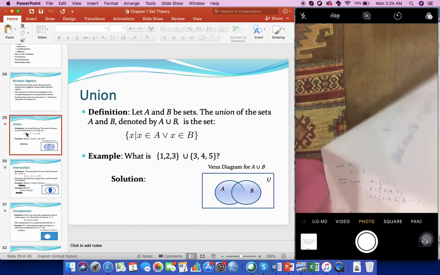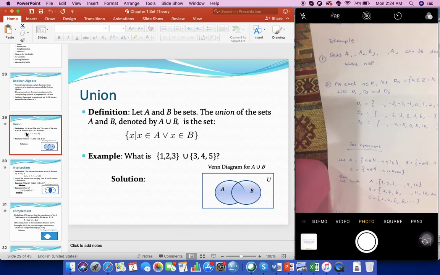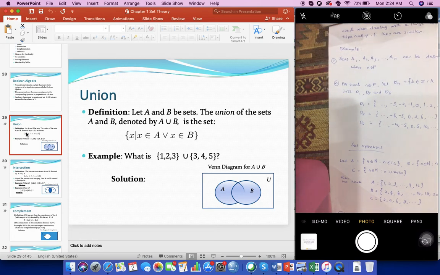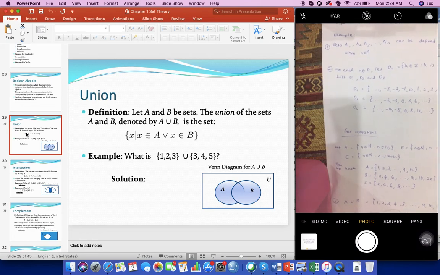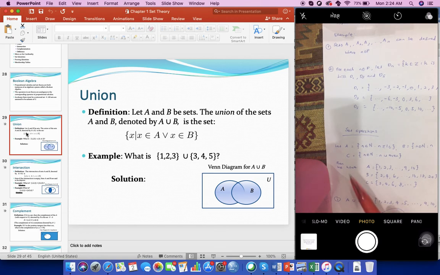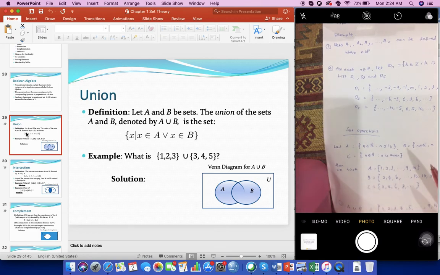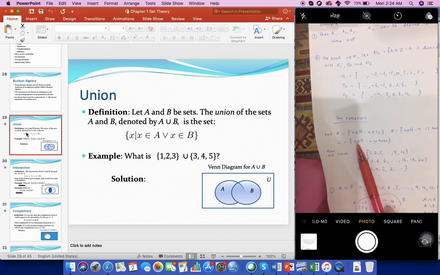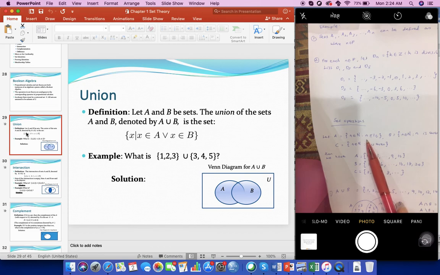Let's say we have set A, where N is an element of the natural numbers and N is less than or equal to 10.